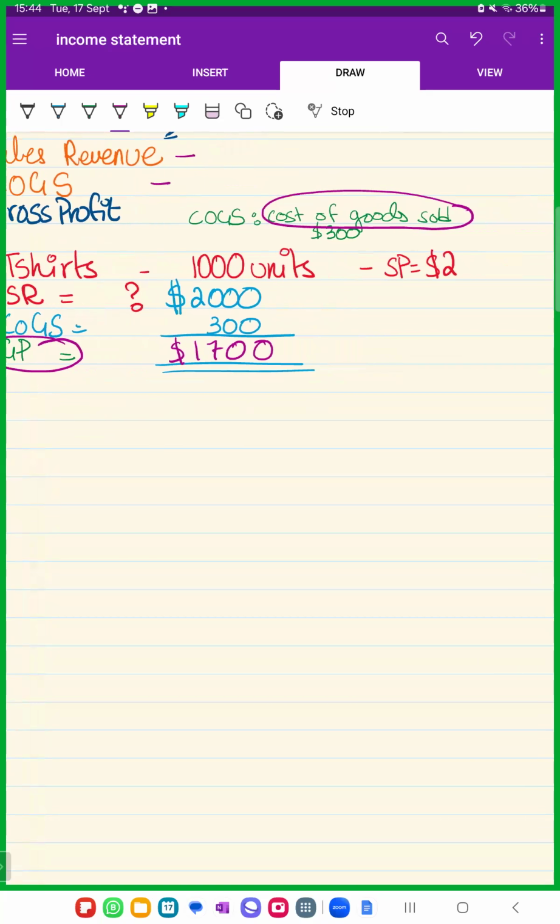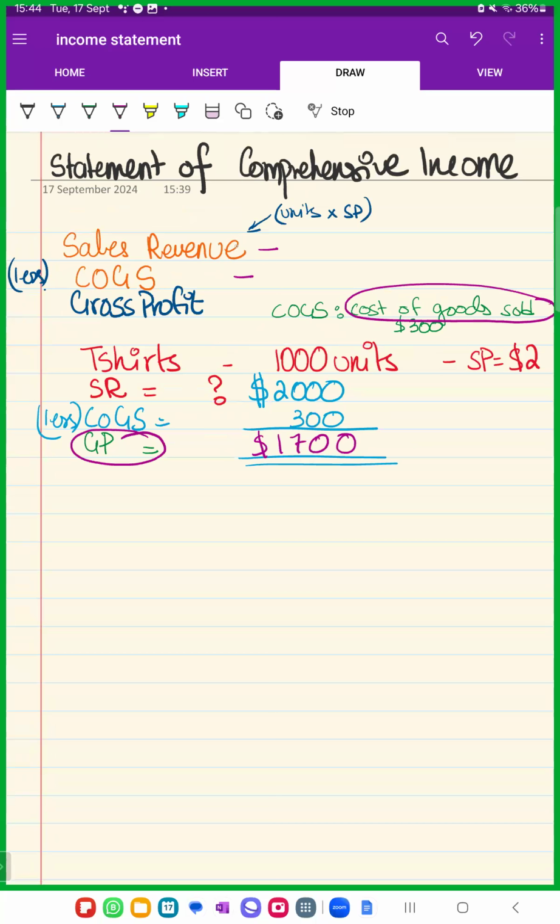Now, when you want to calculate your sales revenue, the formula would be the units sold multiplied by the selling price, right?